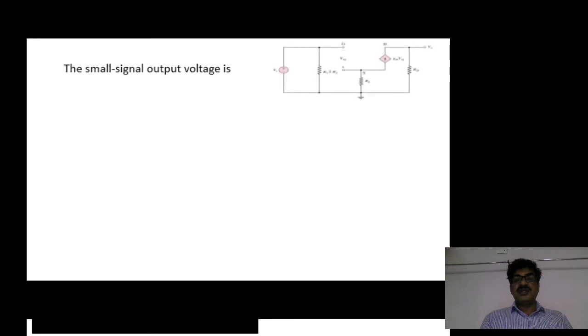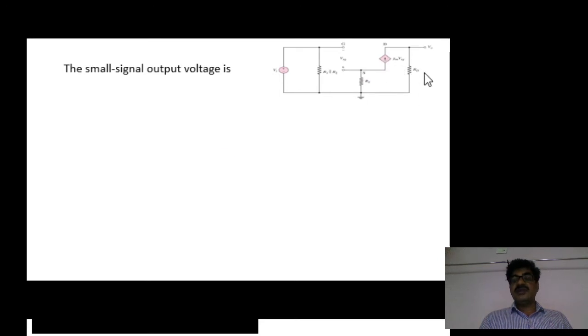First of all, let us see the voltage gain derivation. The voltage gain means output voltage divided by input voltage. Here the output voltage is V0, and the input voltage is VI. So AV equals V0 divided by VI. First, what about the output voltage?